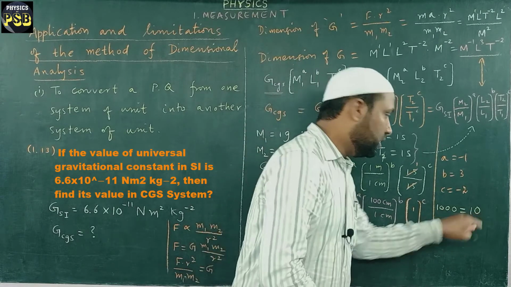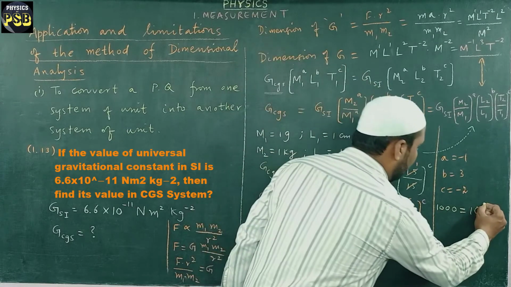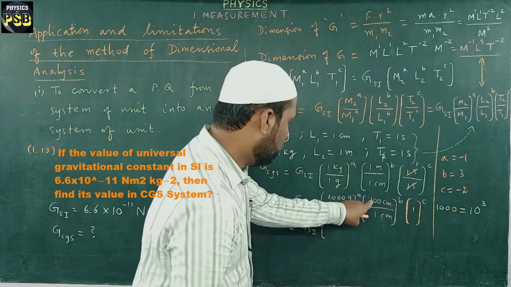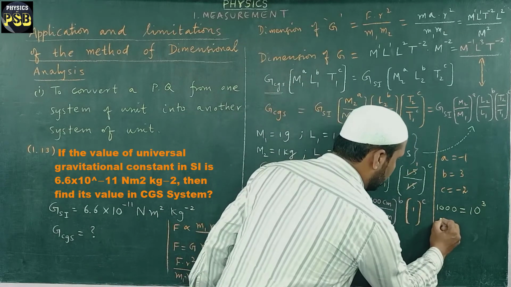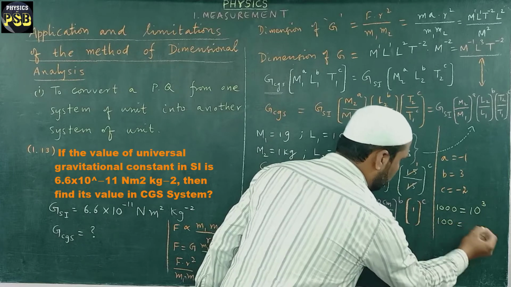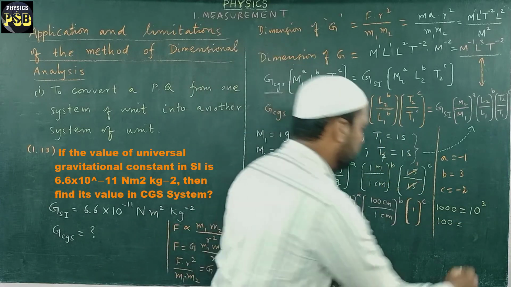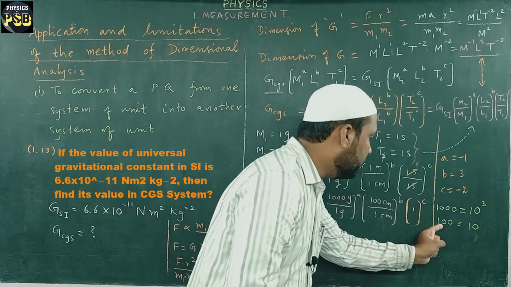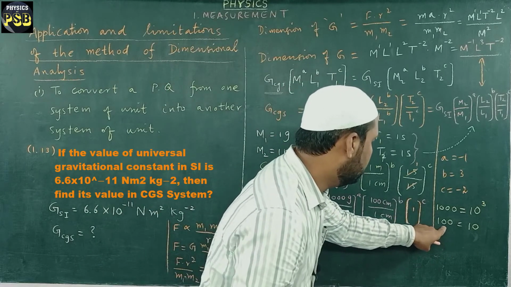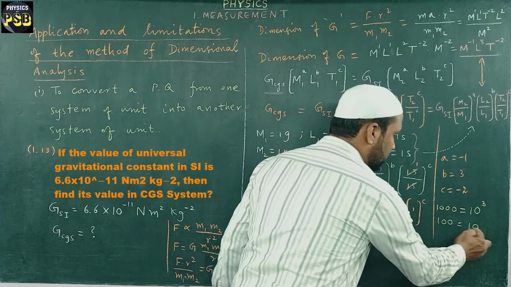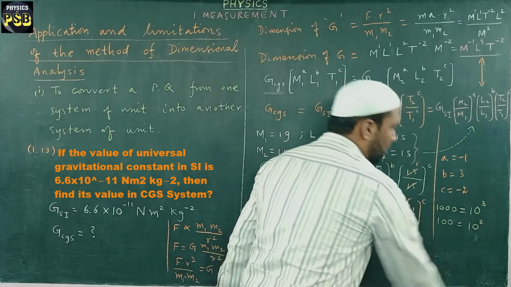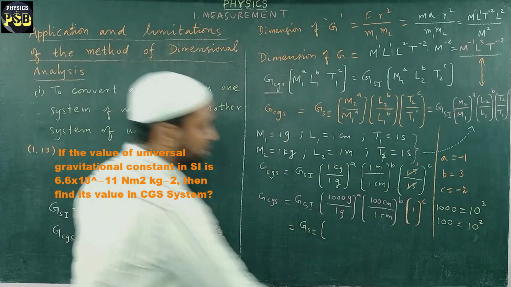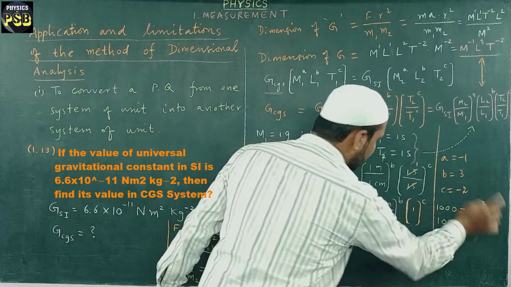Then raise 10 to the power 3. Then how to write 100 in terms of the power of 10? Write 10, then count how many zeros are there in 100. 100 has 2 zeros, so raise 10 to the power 2. So 100 is written as 10 power 2 and 1000 is written as 10 power 3.